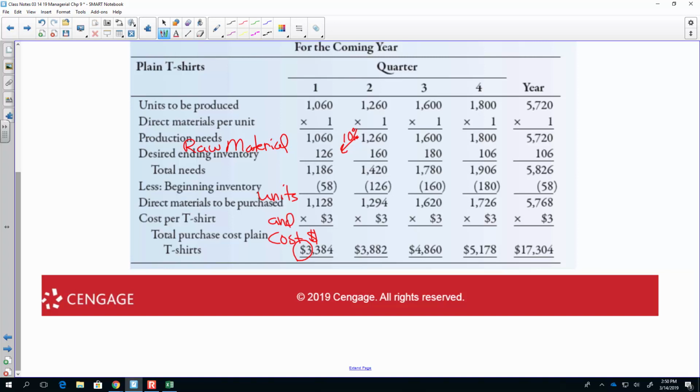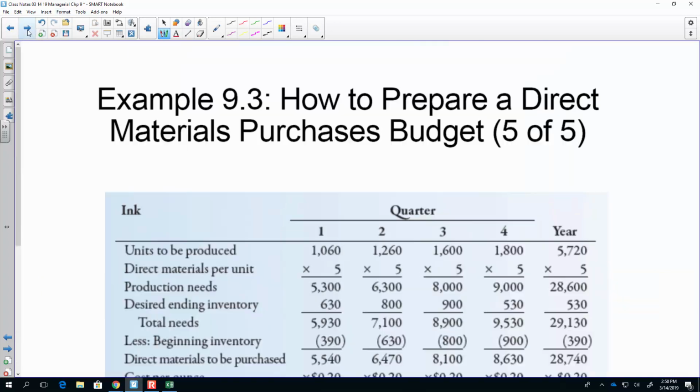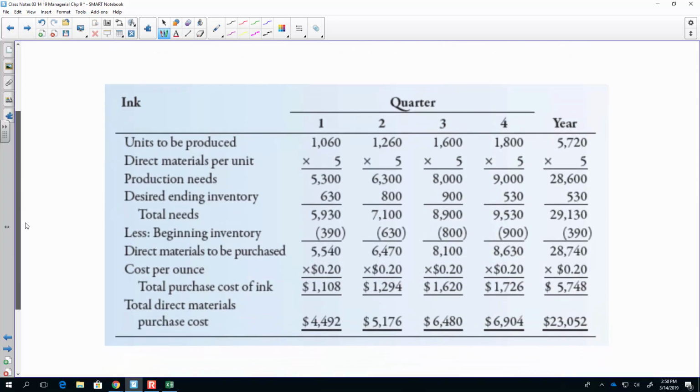So always look at your reports before you give them to someone. So that's what we're trying to accomplish on this third one. And then they do the ink as well, cost of ink.